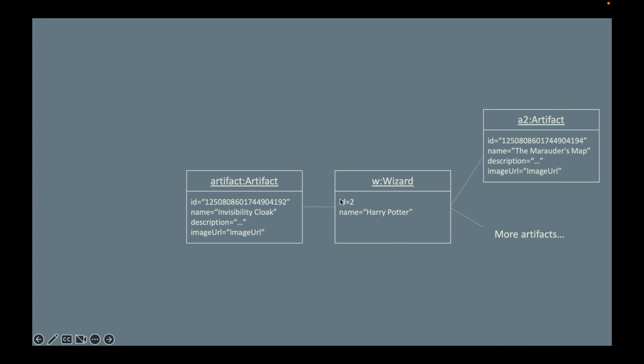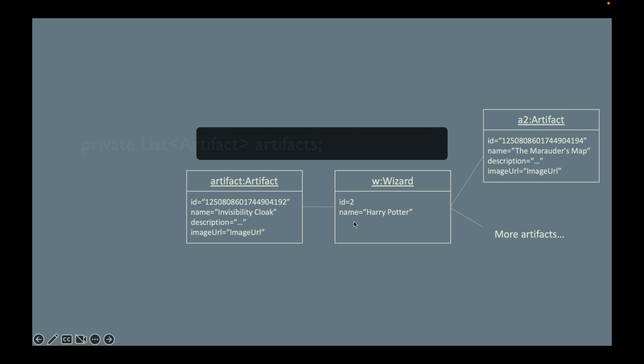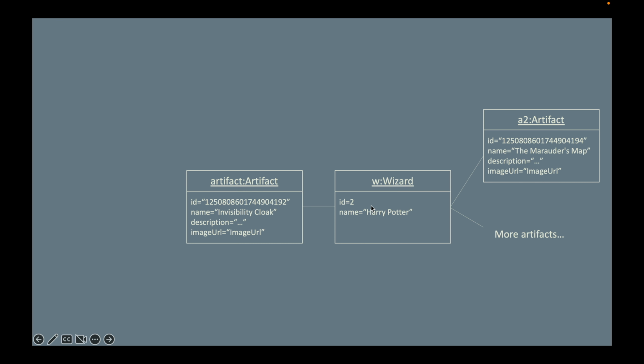No problem. For ID and name, Jackson can handle it very well. Just serialize them into a JSON string. But then Jackson will find a field in this wizard object called artifacts, and will keep trying to serialize each artifact. As you can see, Jackson gets stuck in this infinite artifact-wizard loop.